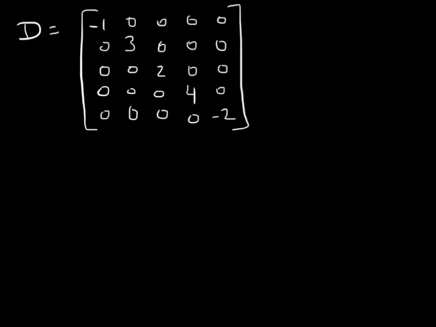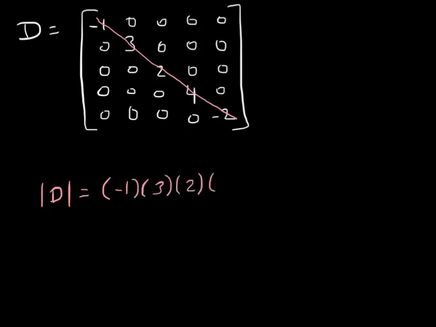In our course, we're really just focusing on determinants of 2 by 2 and 3 by 3 matrices. But if we have a larger square matrix, and you can identify at least one triangle of zeros above or below, you can find the determinant just by finding the product of the diagonal. So this one would be negative 1 times 3 times 2 times 4 times negative 2. And that comes out to be a positive 48.